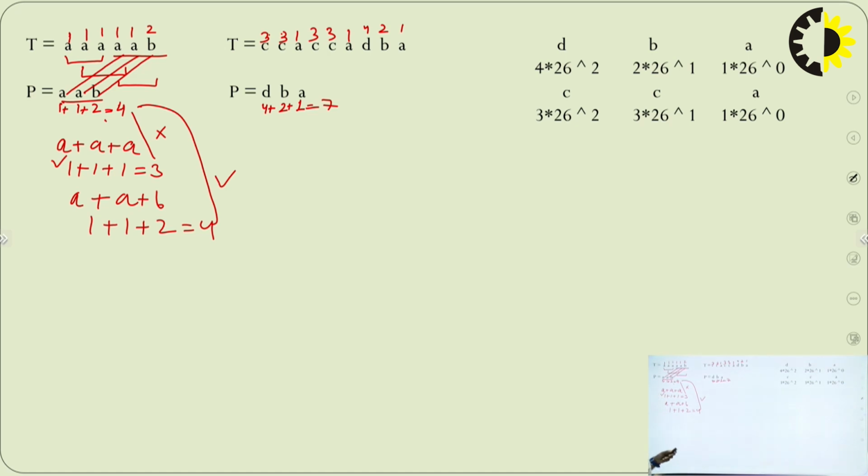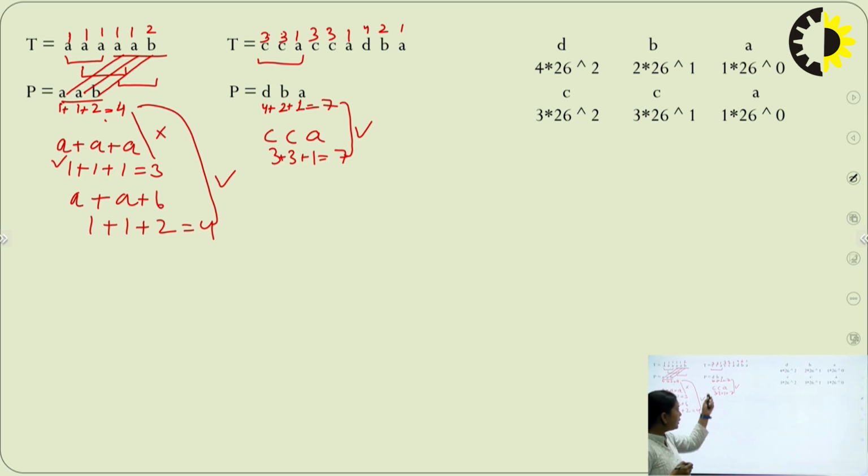Now just check the first three characters of the text against the pattern. Find the hash value of the first text window: CCA, 3, 3, 1. 3 plus 3 plus 1 equals 7, which actually matches the hash value of the pattern.